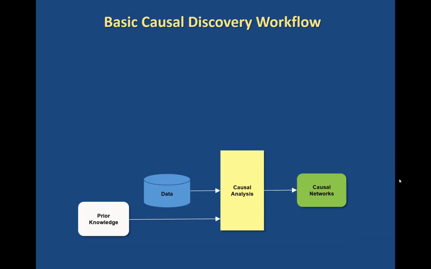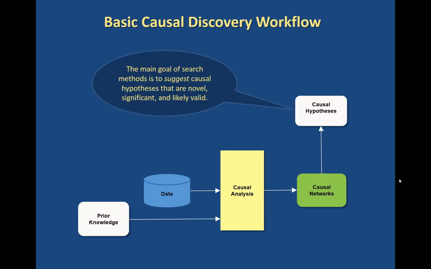So what's the basic discovery workflow when you're trying to get causation out of data? Well, we have prior knowledge, we have data, and we use those in causal analysis to produce causal networks, which we'll explain later. The data can be both observational and experimental. And the causal networks generate for us hypotheses that we can then test with future follow-up experiments or other kinds of work.